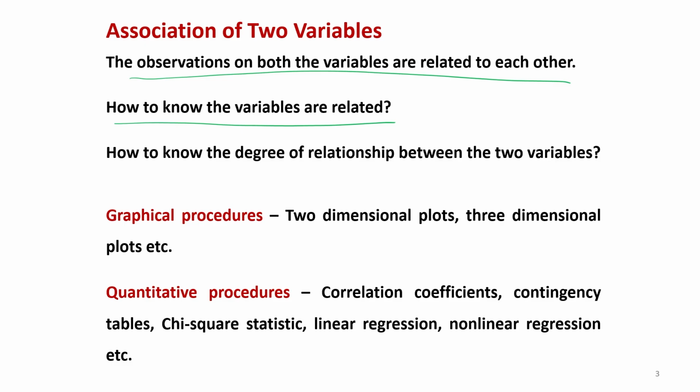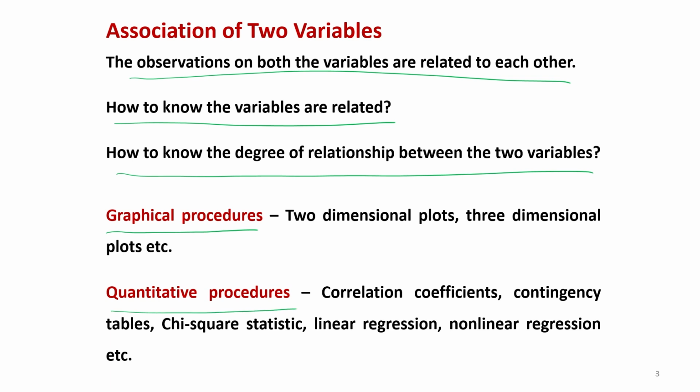So the question is, based on a sample of observations on these two variables, how can we know that the variables are related, and how do we know the degree of relationship, whether the association is very strong or very weak, and so on? To address these issues, there are two approaches: graphical procedures and quantitative procedures.